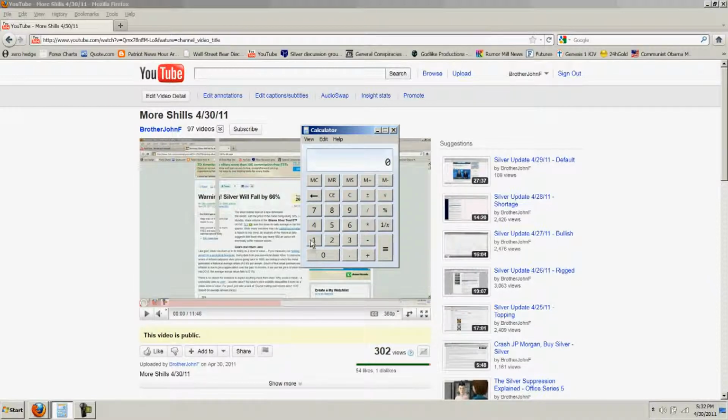I'm going to do 1 plus 1, hit the equals, and hold it down, and we'll see how long it takes to get to 100. 1, 2, 3, 4. So that's roughly our pace. I'm just going to use that pace to calculate. I'm not going to sit here and click, so you can get an idea.